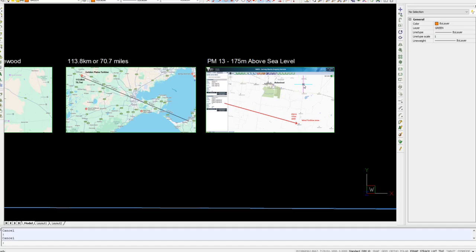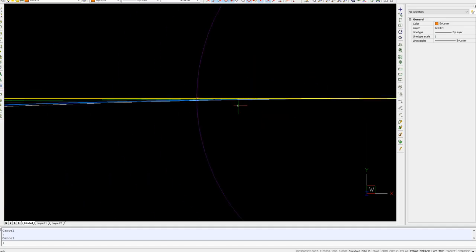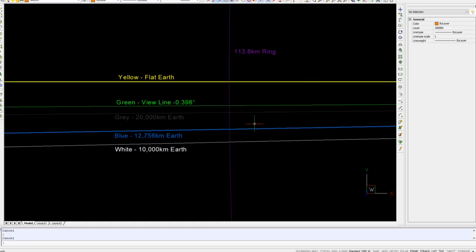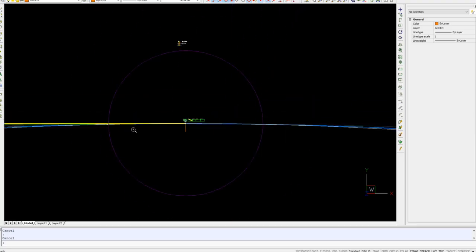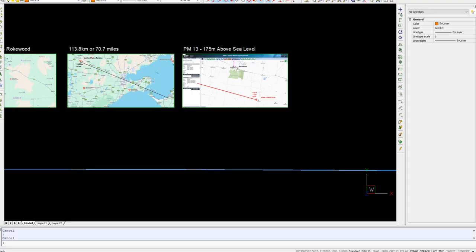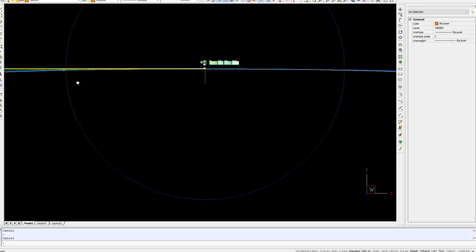Now, the AHD height was 175 meters. I don't know whether the land is lifted, loomed up to meet the view line, or if it's dropped. I would imagine that because it's sunset, sometimes they loom, which means they probably would rise. Now, to be honest with myself, the blue line is currently below it right now. But what I will do is create a ring which is 175 meters high.